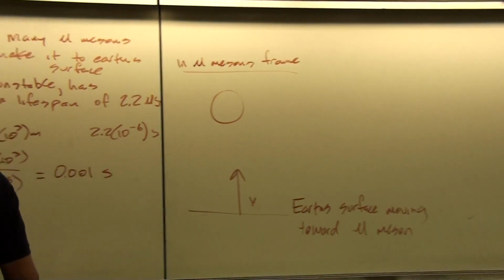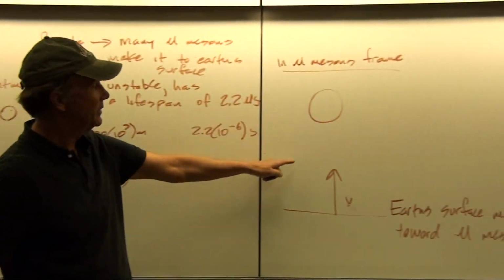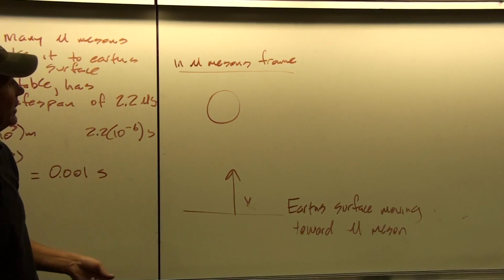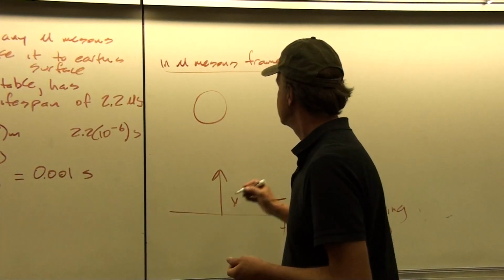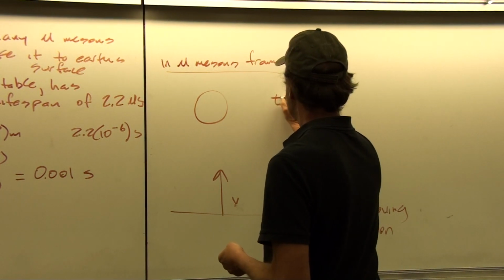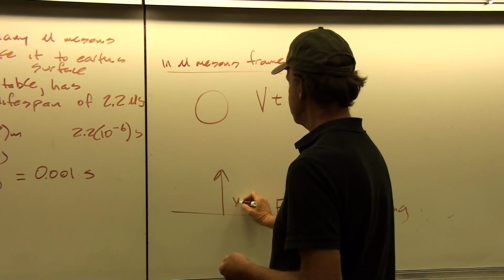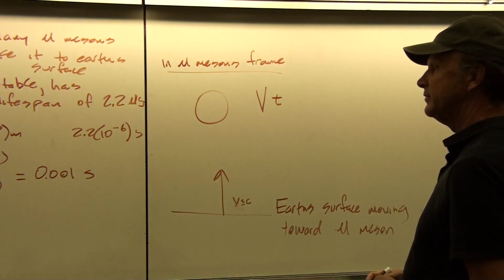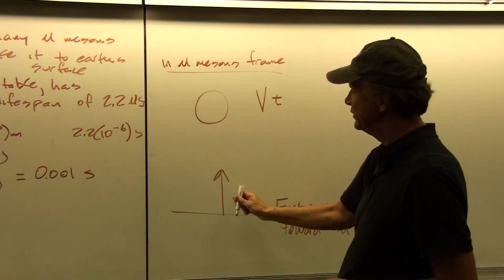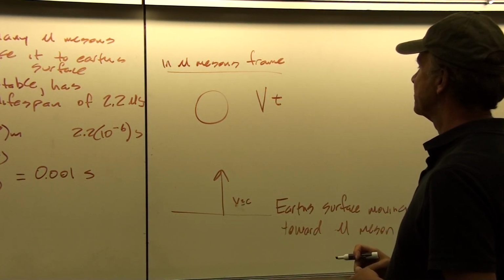This was in the Earth's frame here. This is the mu meson's frame. So in the mu meson's frame, the mu meson's time is only 2.2 microseconds. So it's got a little tiny time. It's got the same velocity, because the velocity, which is almost the speed of light, is the same relative velocity whether it's the mu meson moving toward the Earth or the Earth moving toward the mu meson.